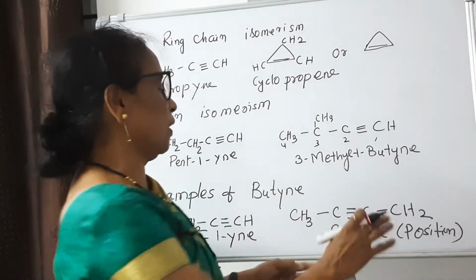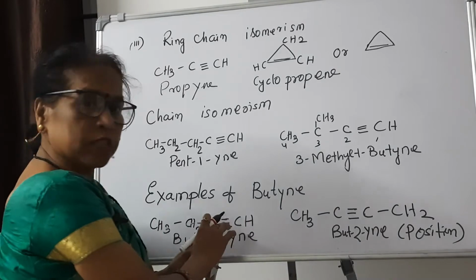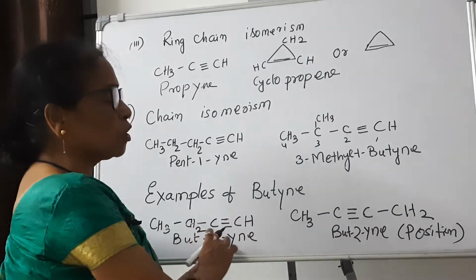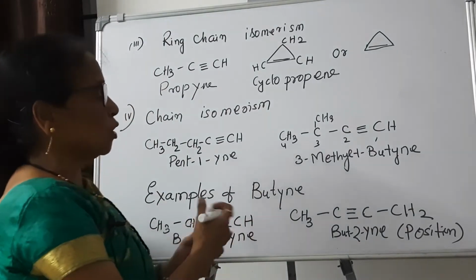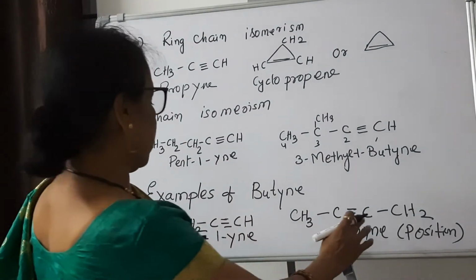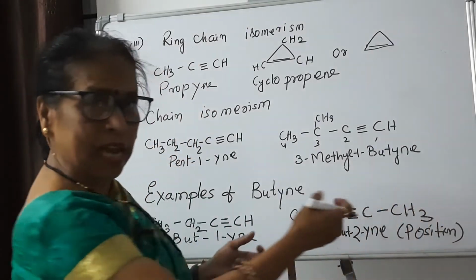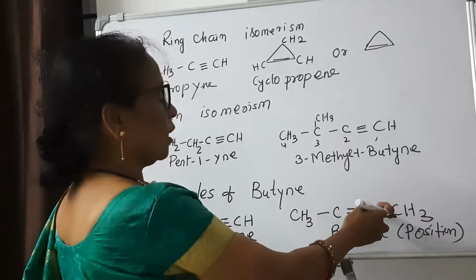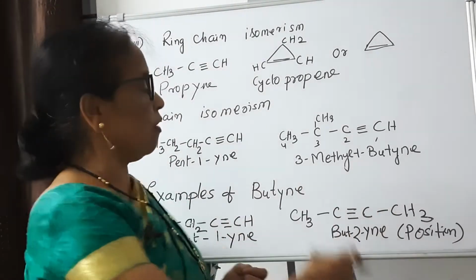But-2-yne. That is position isomerism, because here the position of the triple bond is different. Here it is position 1, here it is position 2. Let me check: if I write the positions as 2 2 1 3, the valency of carbon is not satisfied, so easily I can find it is wrong.